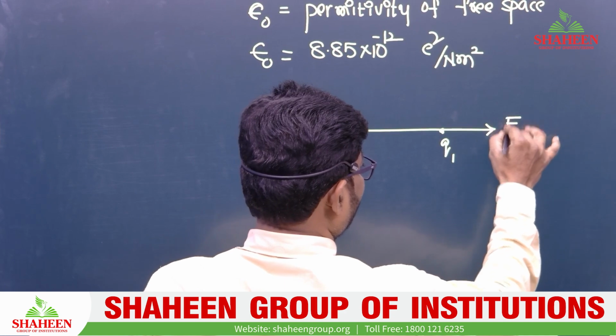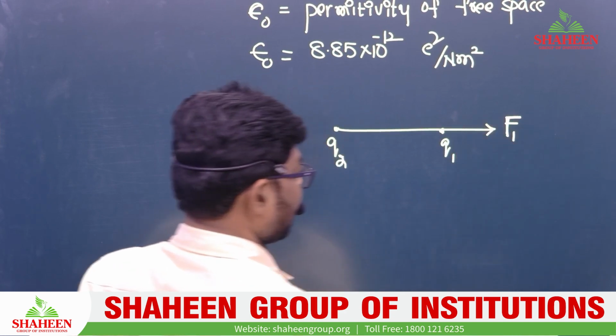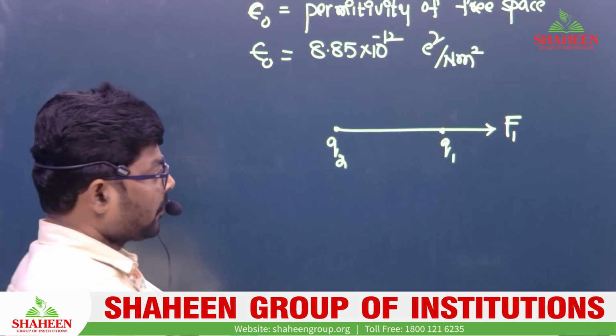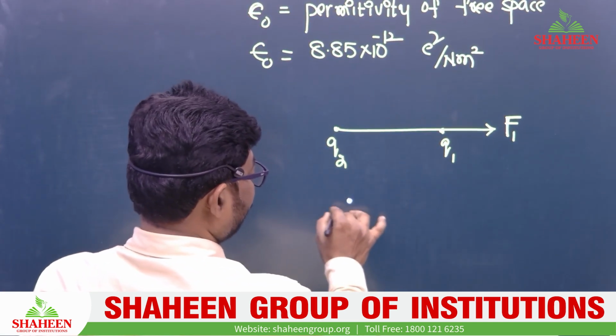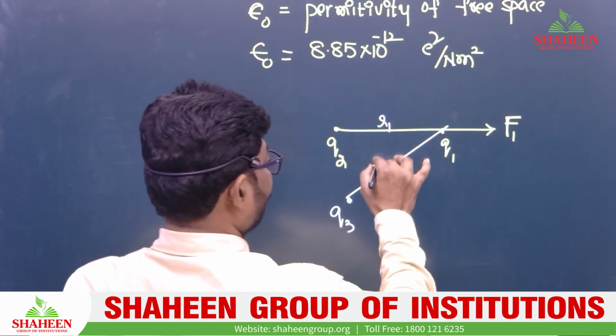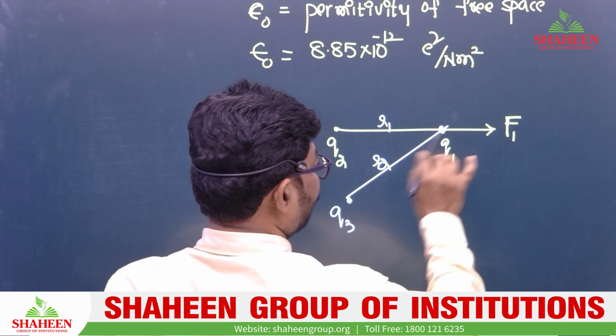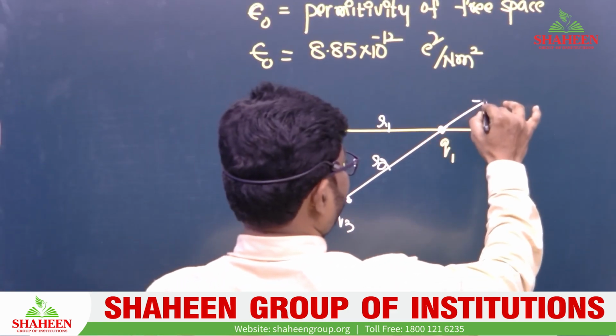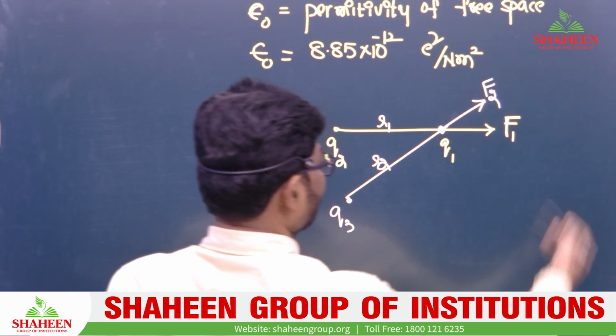Force on 1 due to 2, let us assume F1. Let us go for one more charge, we are placing Q3, at a distance R2. What is the force on 1 due to 3? This I am assuming F2, and so on.